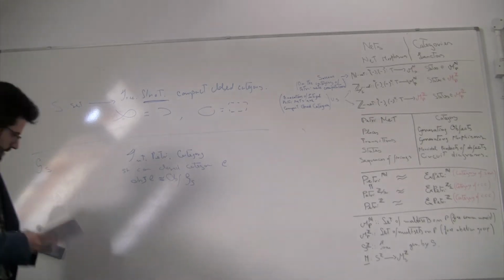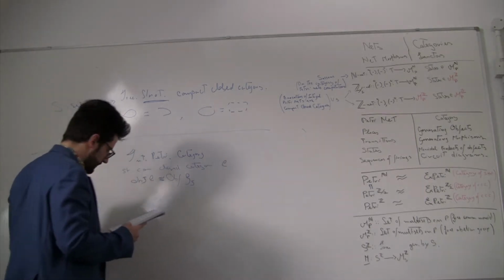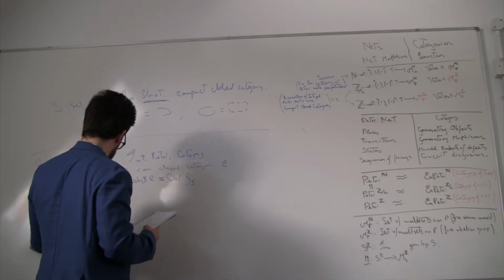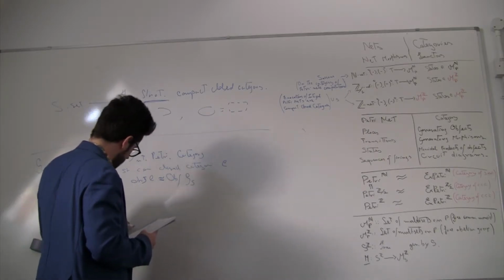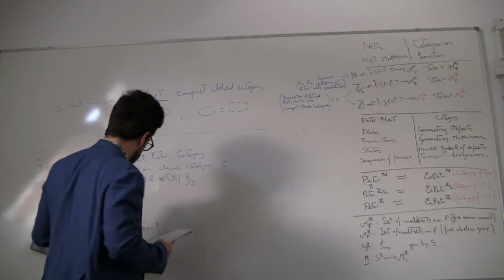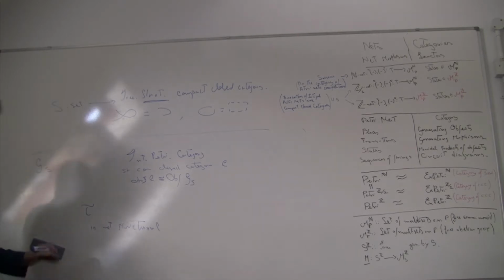Now I can say that a morphism tau is primitive if tau is not structural. That means that it's not a tensor of compositions of wires. It has to be something more.